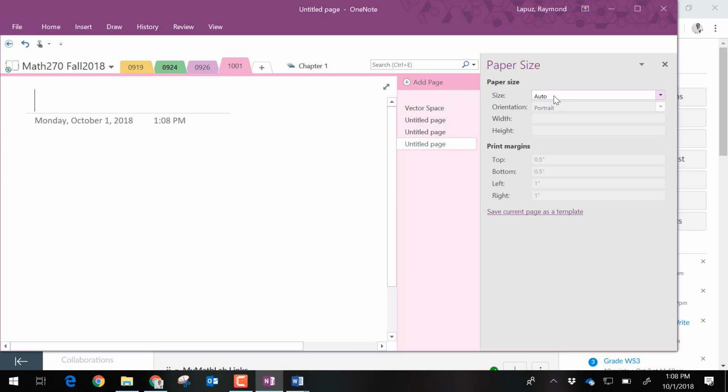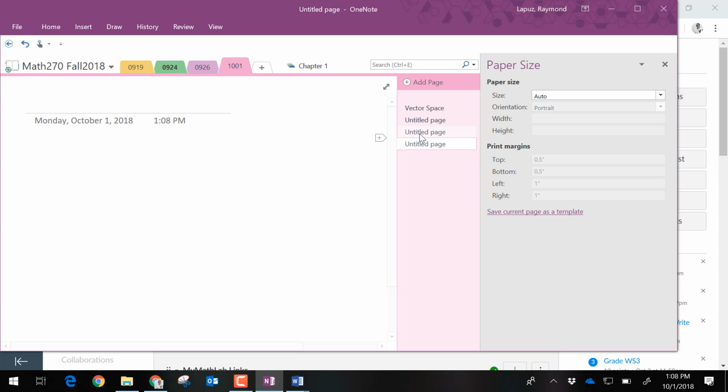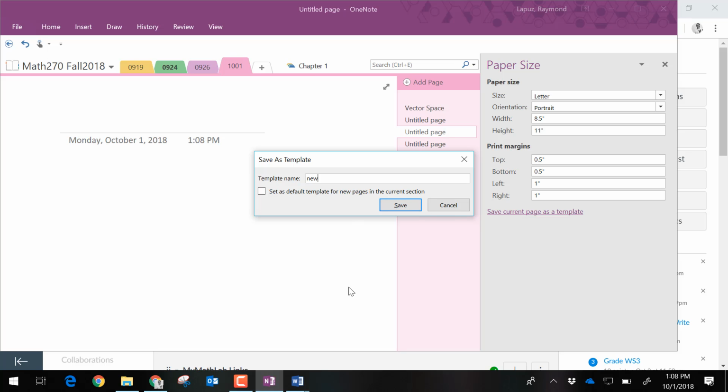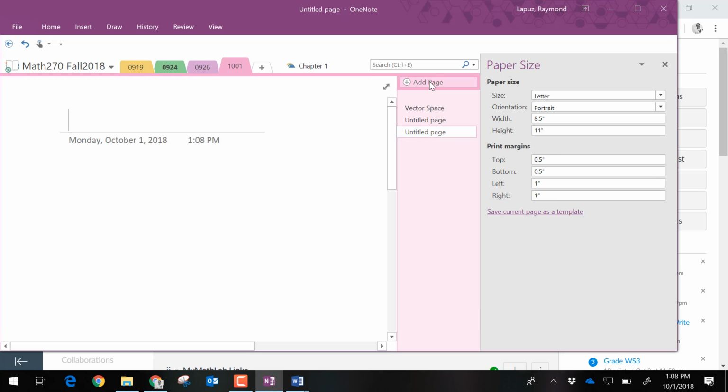New page. Wait, is this the right one? No. I have to pick the right one. There we go.